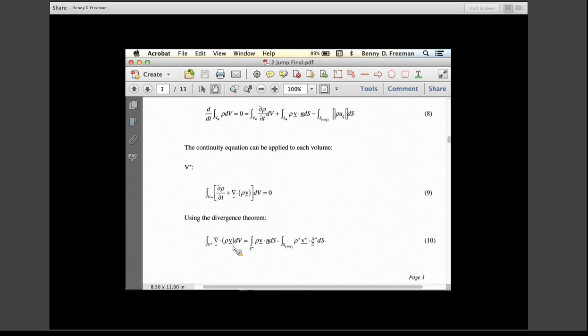And so any mass transport has to occur across the surface. And if you look at the terms, the density times the velocity dotted into the unit normal, this is basically the net rate of mass transport across the surface and into that material volume, both on S plus and on the singular surface.